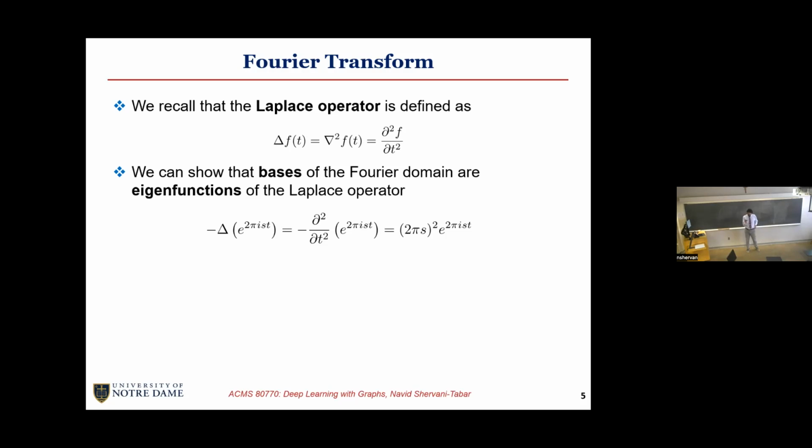These eigenvectors that we have for the Laplace operator, we can do the same: we can do an eigendecomposition of the Laplacian matrix, find those eigenvectors, and use them as the basis for the Fourier transform on graphs. So we are just finding a corresponding basis for graphs that we can use for the graph Fourier transform.